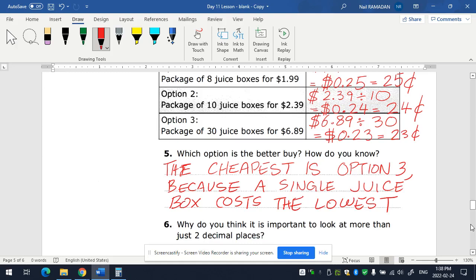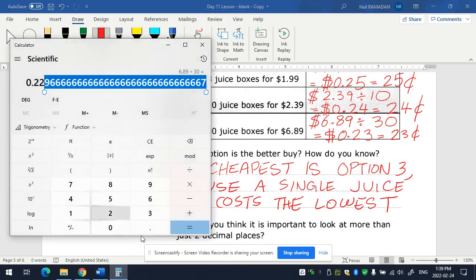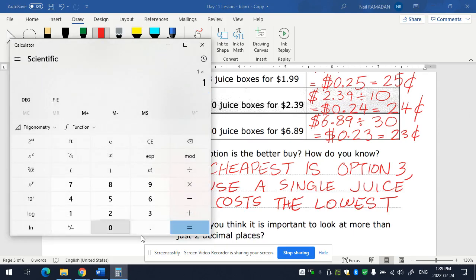Everyone look, if you decide to pay 1 cent extra, that 1 cent is not going to matter if you're only buying for 10 people, because that means you're only going to be paying an extra 10 cents, 1 cent per juice box. But if you're buying for a million people, look, 1 cent times a million juice boxes is a million cents.